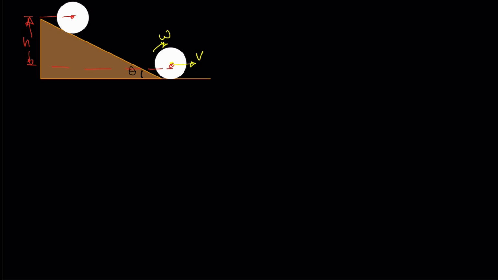Clearly the height has reduced, so there is a loss in gravitational potential energy. The potential energy lost is equal to the kinetic energy gained. The loss in potential energy is mgh.